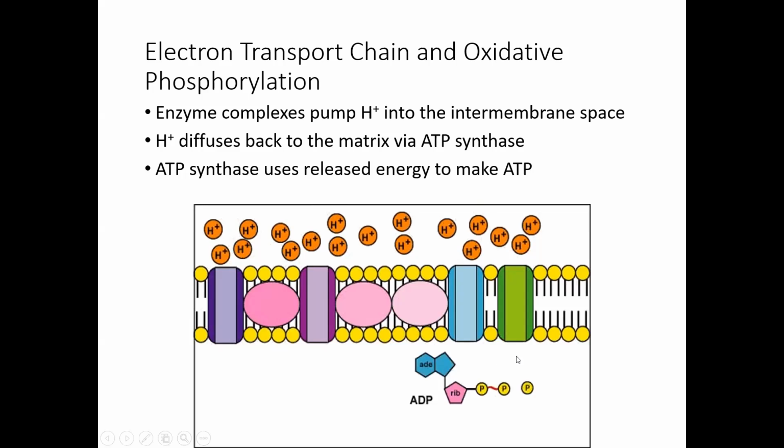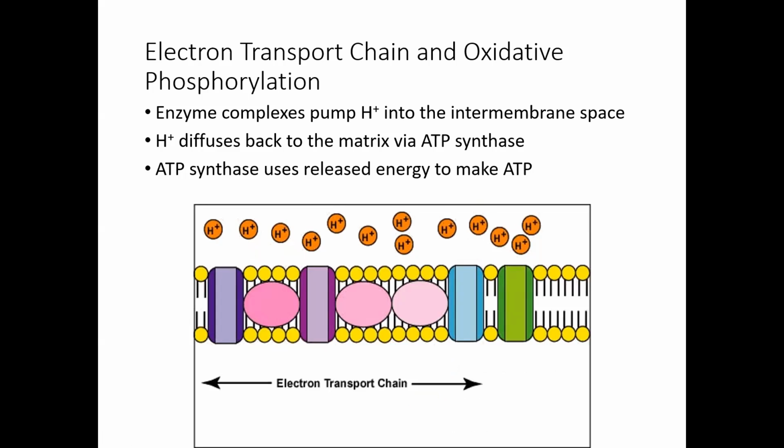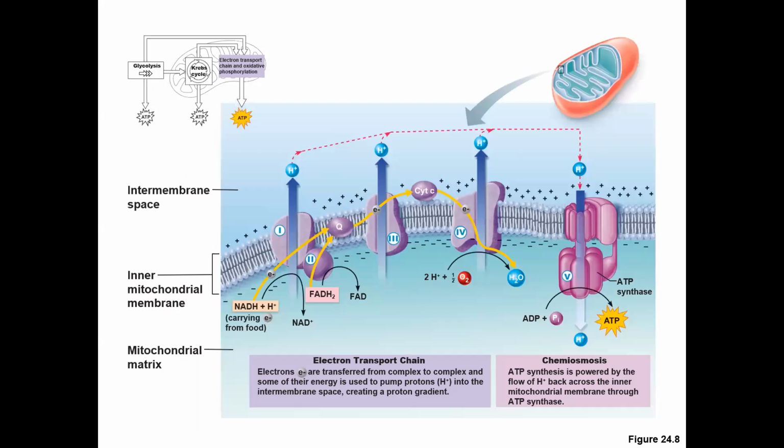Now, there they go. And that causes the synthase to rotate, and it provides the energy to force the third phosphate onto the ADP. And now you've made ATP. You made a lot of it.